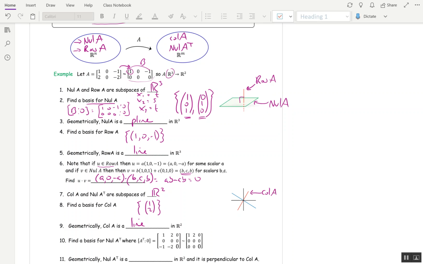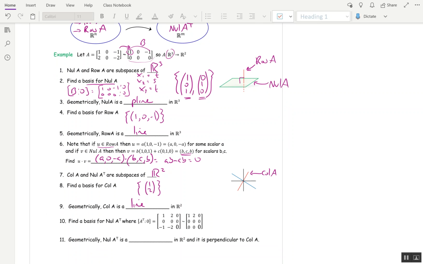And null A transpose, we want a basis for null A transpose, so I took A transpose, augmented with 0, and I got this matrix. So there's two variables, x2 is free, and x1 would be -2t. So a basis would be the single vector -2, 1.